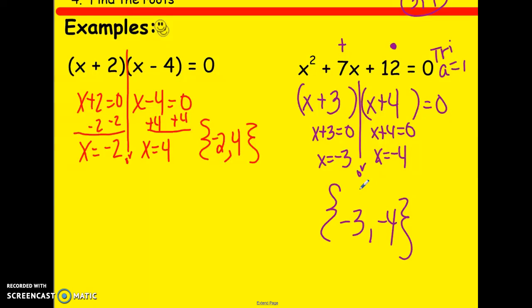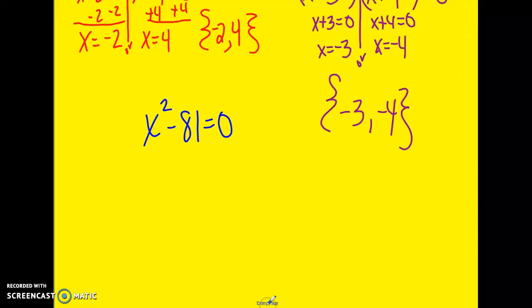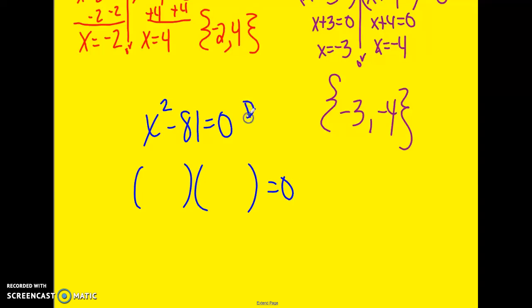So there are a couple of different ones that you need to remember how to do. The first one, again, was already factored. The second one wasn't, so we had to think of the factoring method we had to use. And now just an extra example here. It's not factored. I know I'm going to use dots.